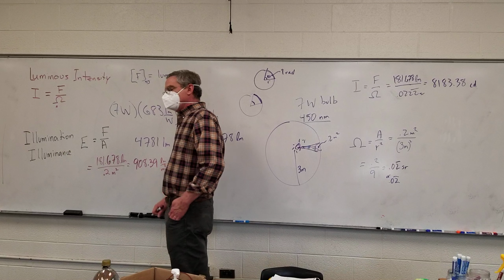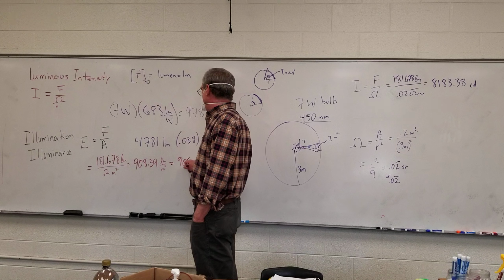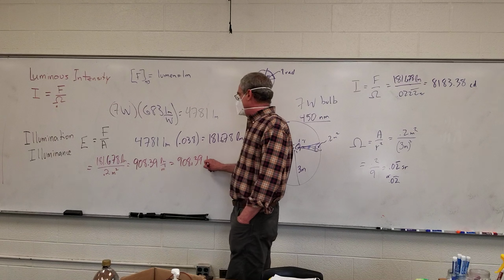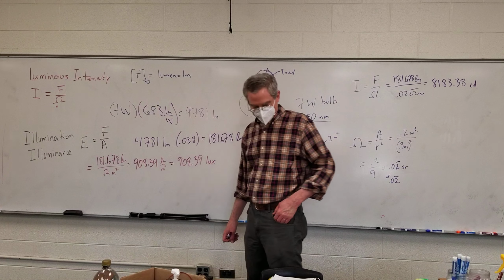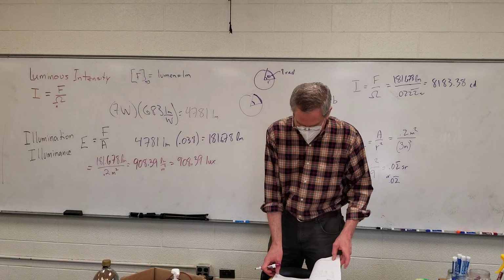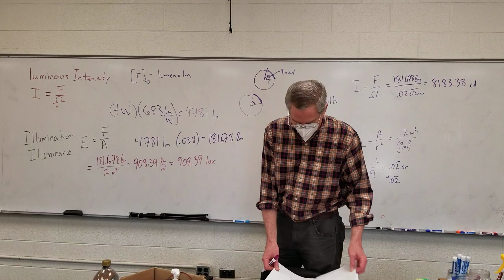And lumens per square meter was too much for them to write. So it's 908.39 lux. Quick check to make sure I didn't get my units backwards somewhere. Yep, good.